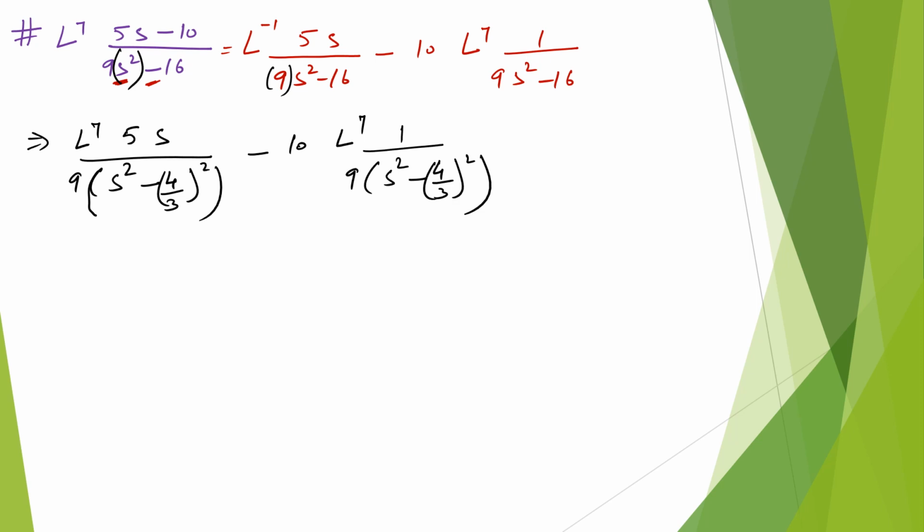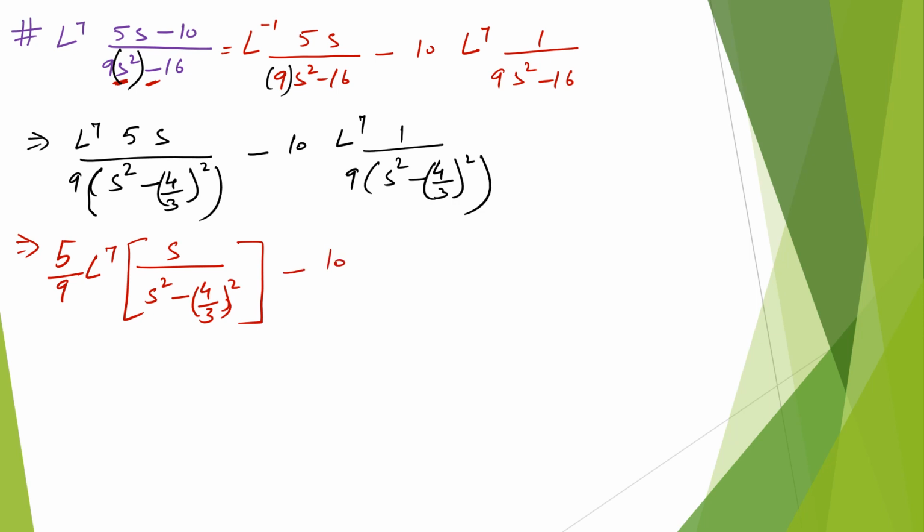Now the denominator is clear. To convert the numerator, we take 5 as common. So 5 by 9 Laplace inverse s over s square minus 4 by 3 whole square. This will be converted into a simple formula.